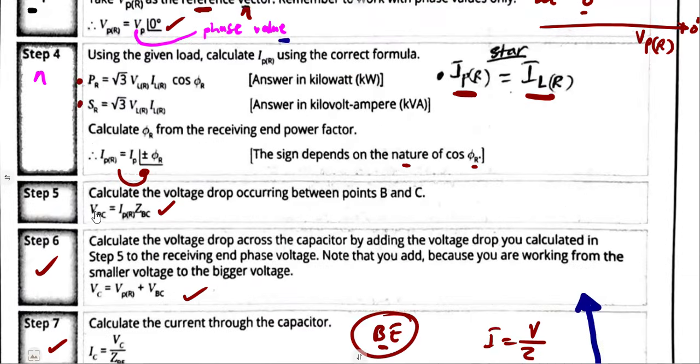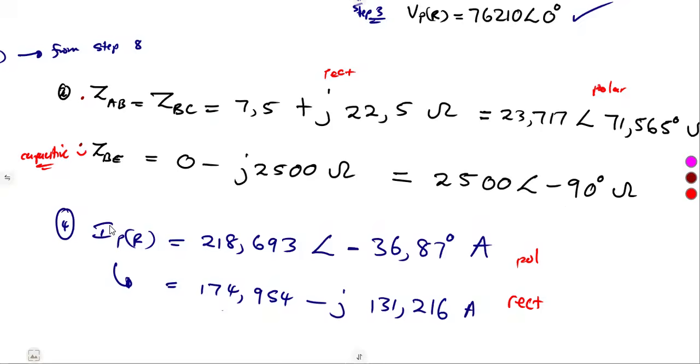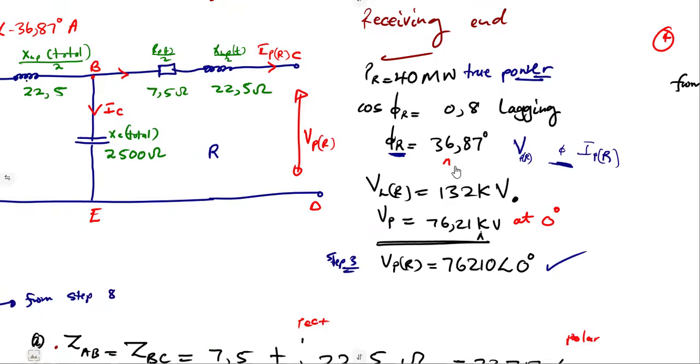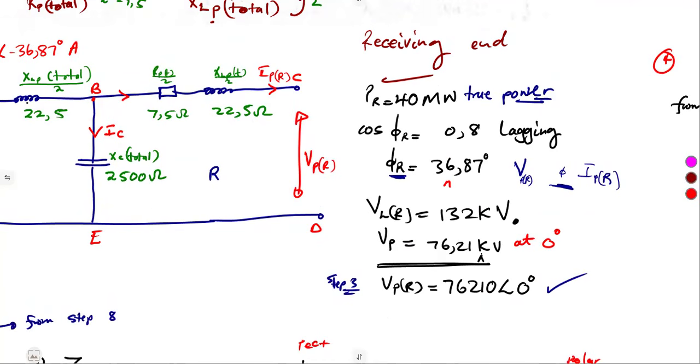Then step 5, we must calculate the voltage drop occurring between the points B and C, which is VBC. Between the points B and C, what are we going to need?